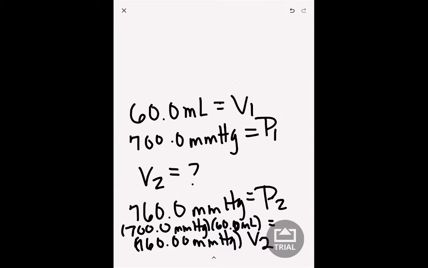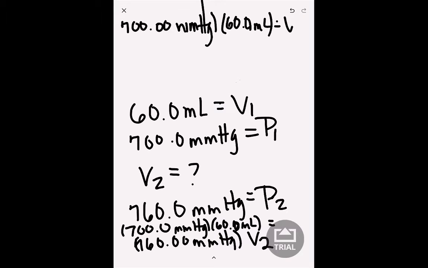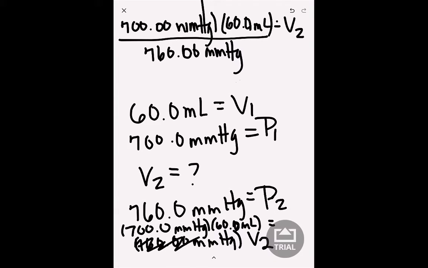So we're going to have 700 millimeters Hg times 60 milliliters equals, and we said we were going to divide both sides by 760, and that is going to be equal to V2. So when we divide both sides by 760, 760 is gone on this side, and then we have 760 under these on the other side.